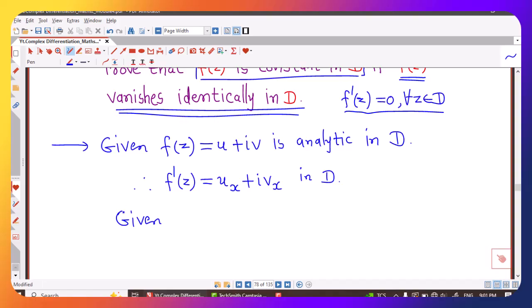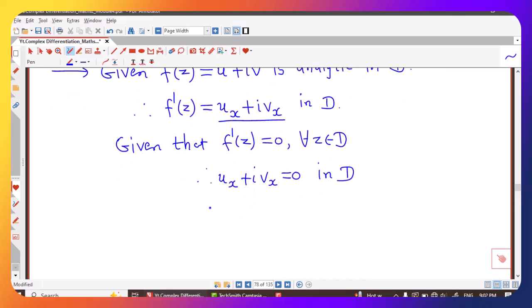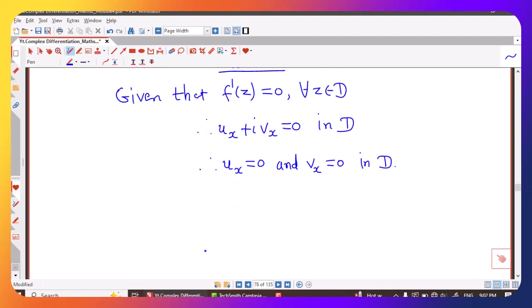It is also given that f dash z equal to 0 for all z in domain D, and f dash z is nothing but del u by del x plus i into del v by del x equal to 0 in domain D. This is possible if and only if del u by del x equals 0 and del v by del x equals 0 in domain D. Using the Cauchy-Riemann equations, we can write del u by del x equal to del v by del y, and another Cauchy-Riemann equation, del u by del y equal to minus del v by del x.